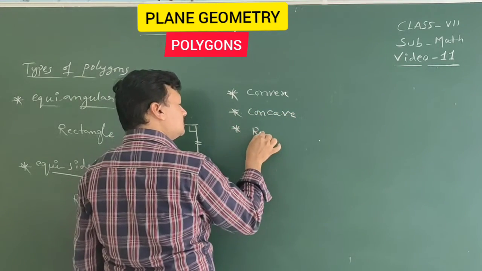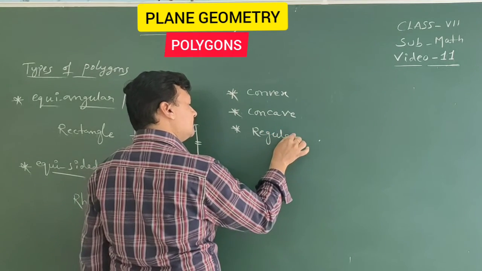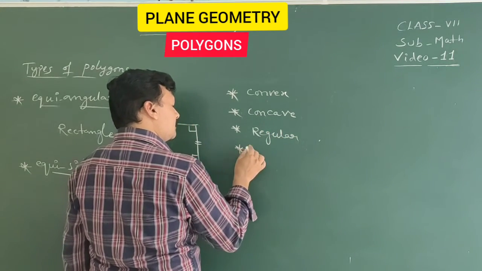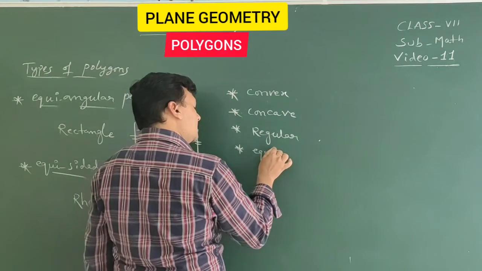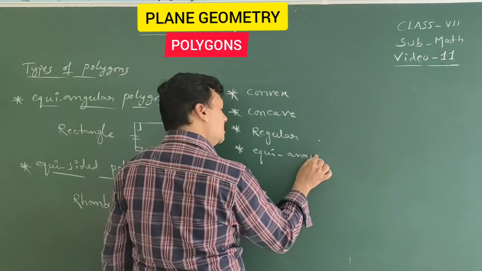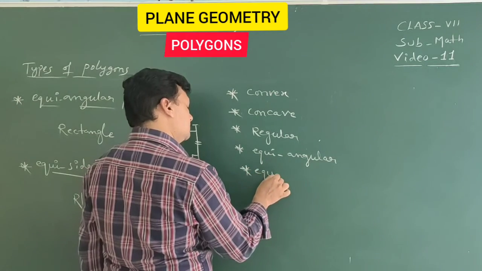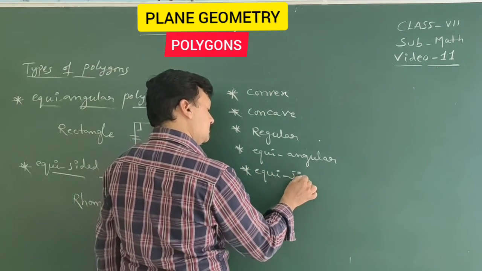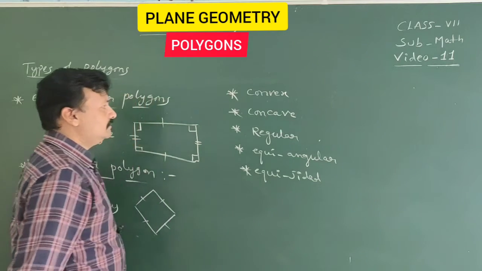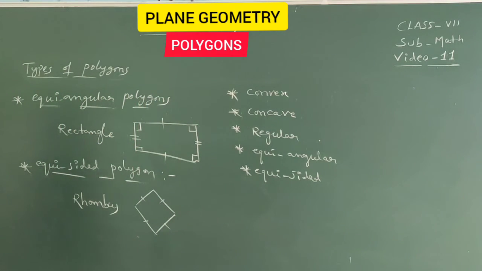Third, regular. Equiangular, equisided. These are different kinds of polygons.